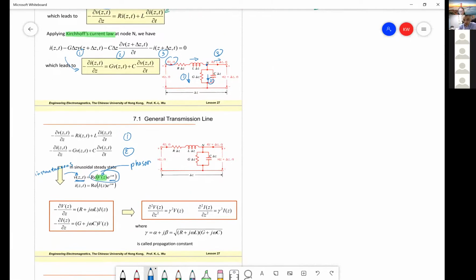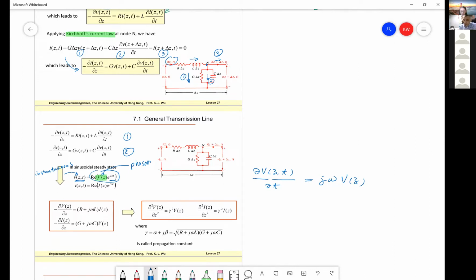The advantage of having this is if you take the partial v, which is a function of time, this is simply this.